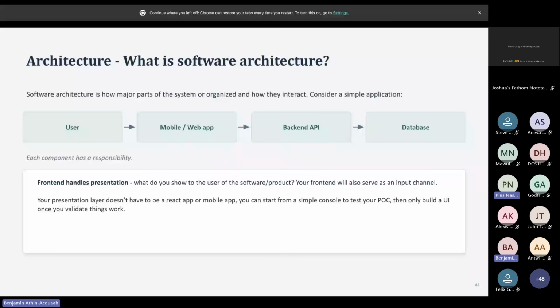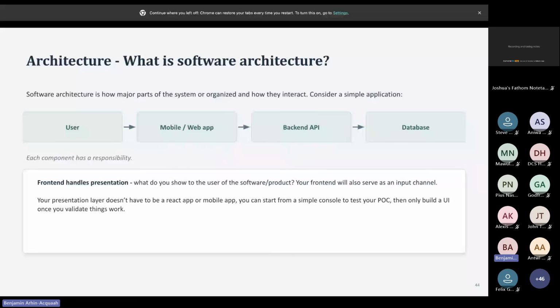Yeah. So architecture. What is software architecture? This is another important thing that you want to consider when you are building a product, because the architecture you decide on can make or unmake your product. If you take an architecture that is difficult to manage, you may end up locking yourself in a place where you realize the only way out is to rebuild everything.